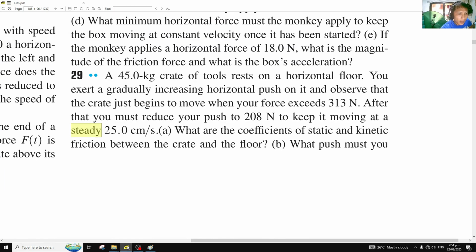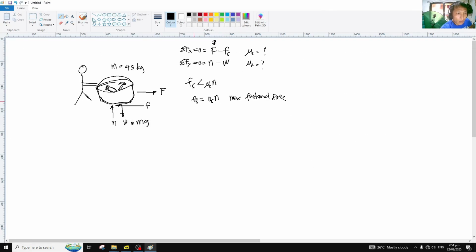So that 313 is the maximum F_s, letting the inequality sign become an equal sign, and F_s is the frictional force that counters F.